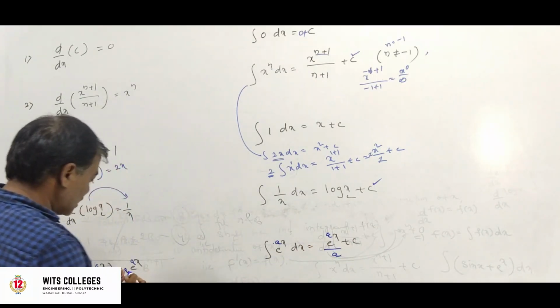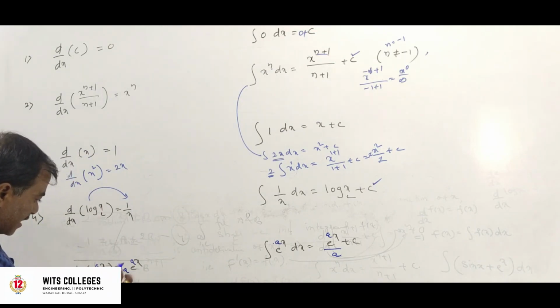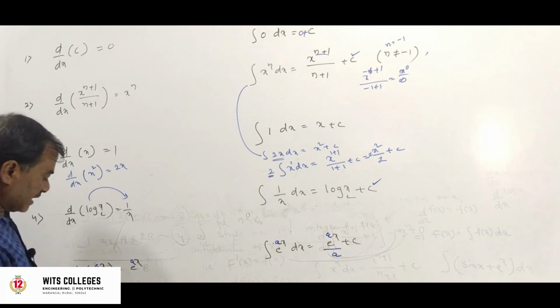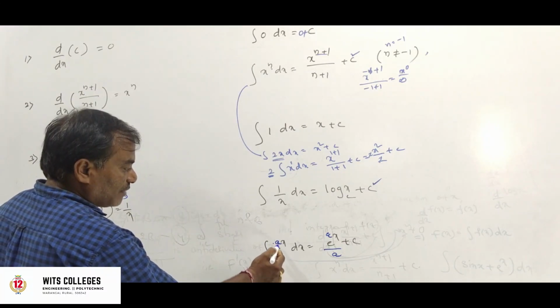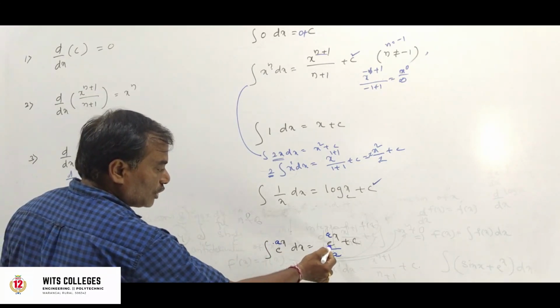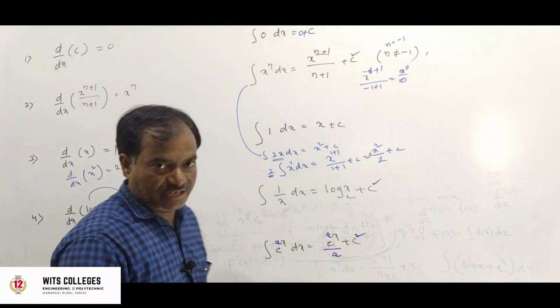So we shift this constant to the left side. The derivative of e power ax by a equals e power ax. Therefore the integral of e power ax dx equals e to the power of ax by a plus c, where c is an arbitrary constant.